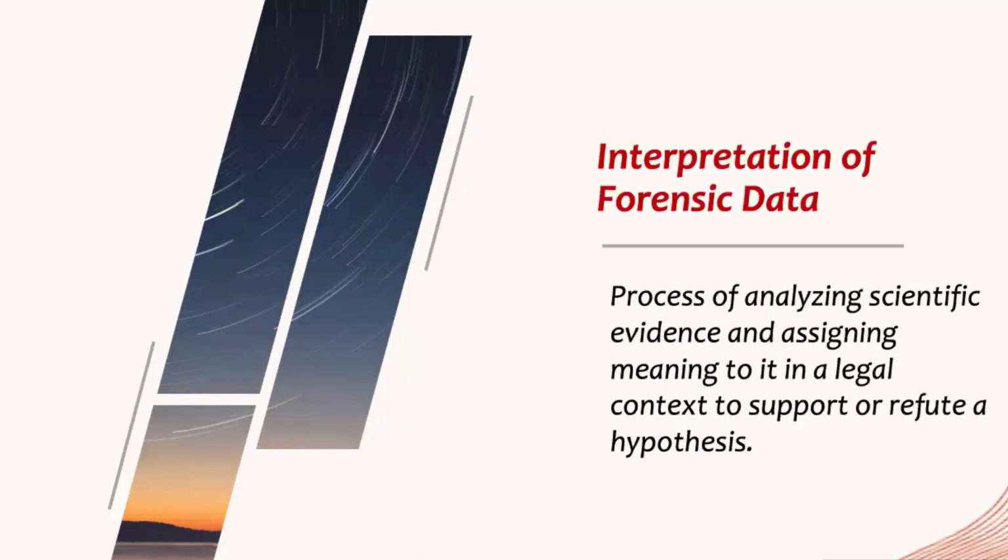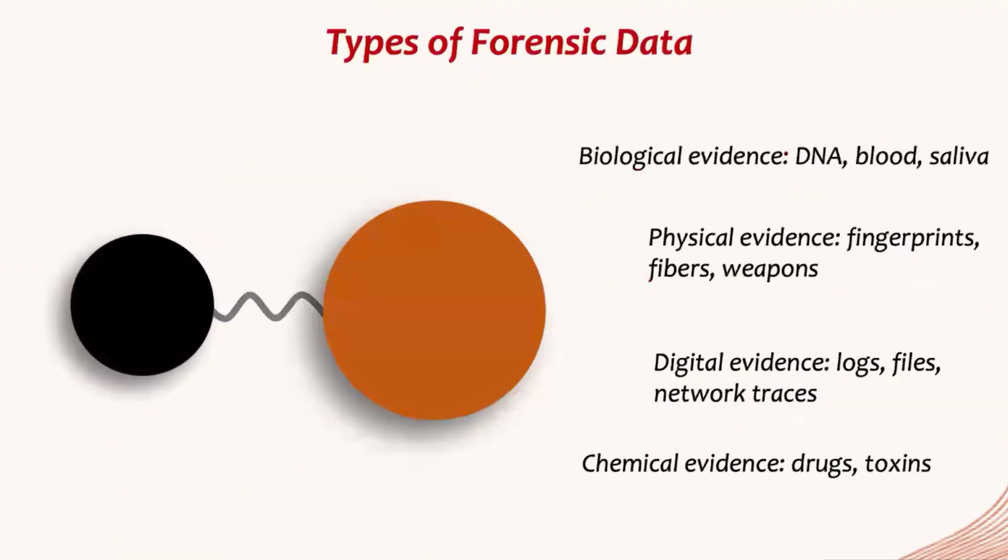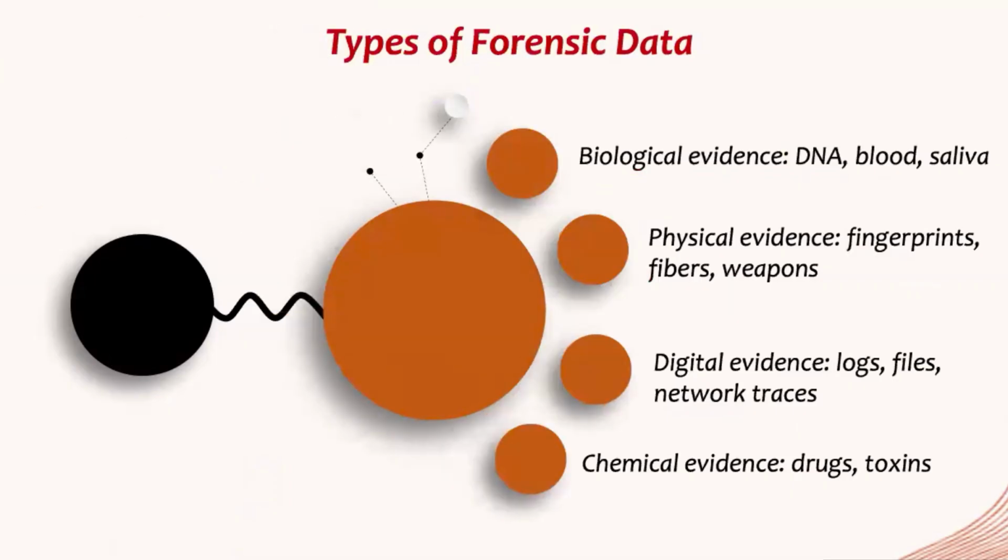There are types of forensic data, and this includes biological, physical, digital, and chemical evidence. Each type, however, provides unique information about a crime, and it contributes to building a complete case.